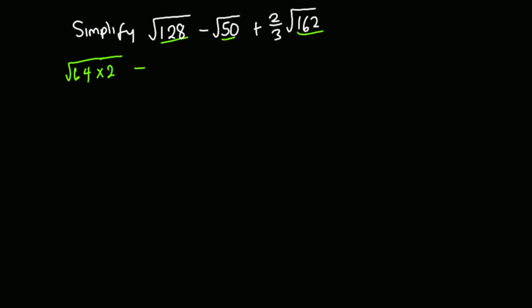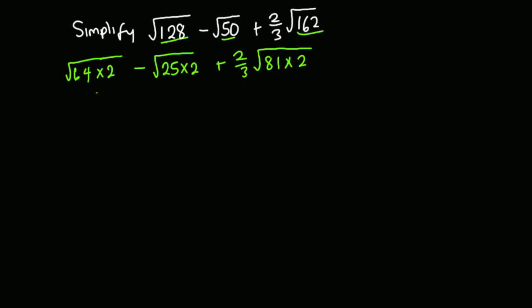And so I can write root of 50 as root of 25 times 2 plus 2 on 3. Now if you also divide 162 by 2, you end up with 81, and 81 is a perfect square since 81 is 9 squared. So this can be written as 81 times 2.